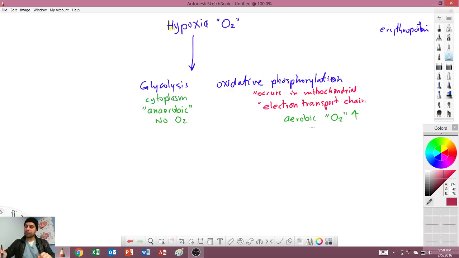So with the help of aerobic respiration or oxidative phosphorylation in the mitochondria, from a single molecule of glucose, since glucose is the primary source of ATP, you produce, roughly speaking, at the maximum, 38 ATPs.